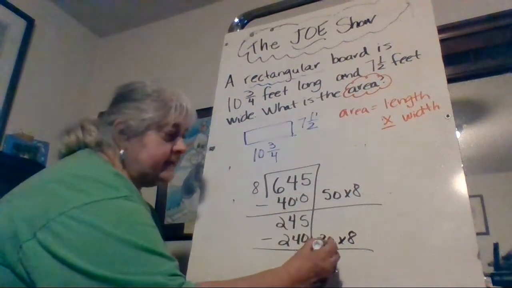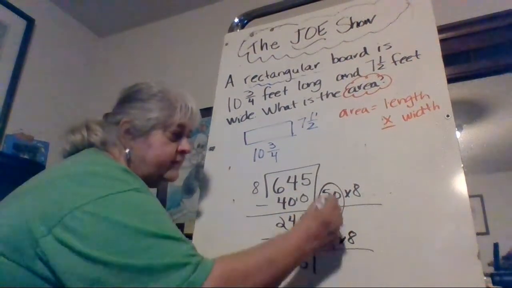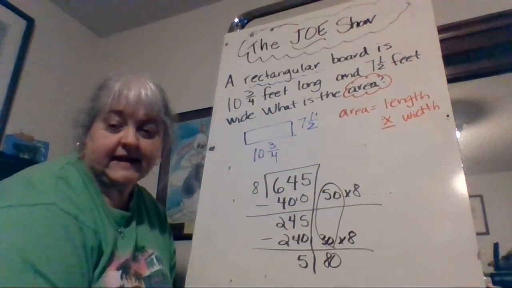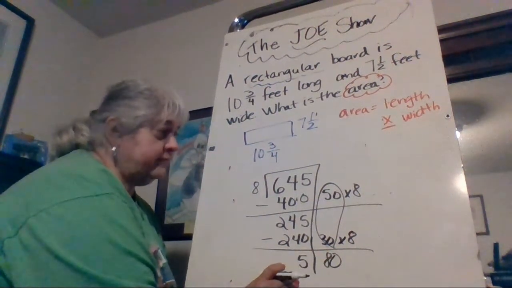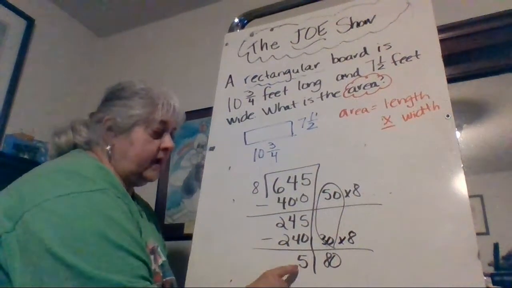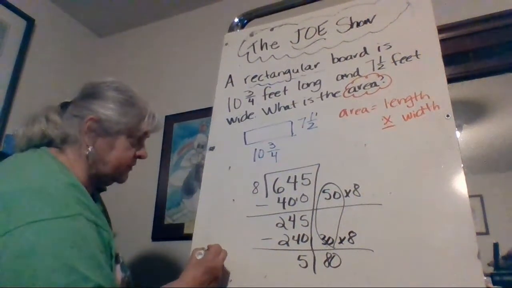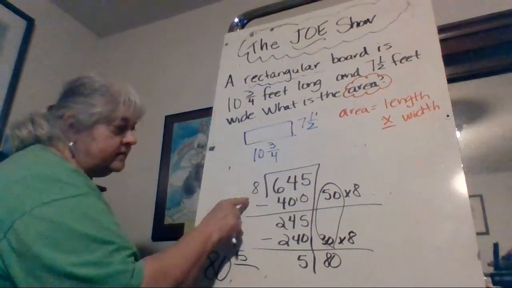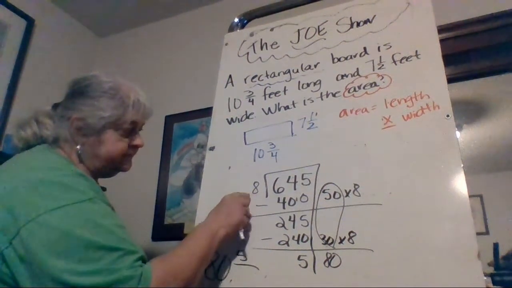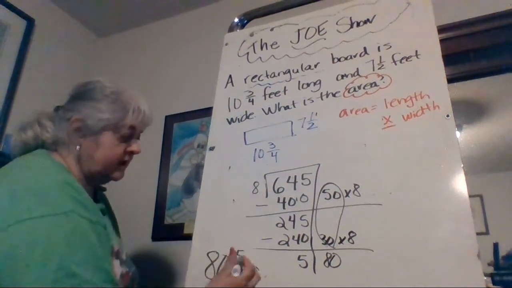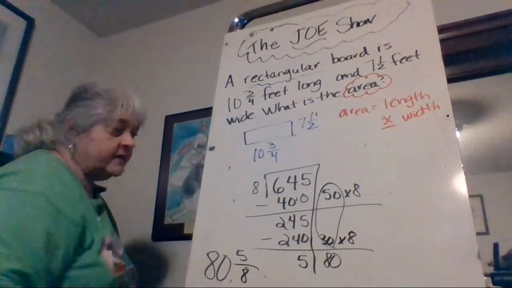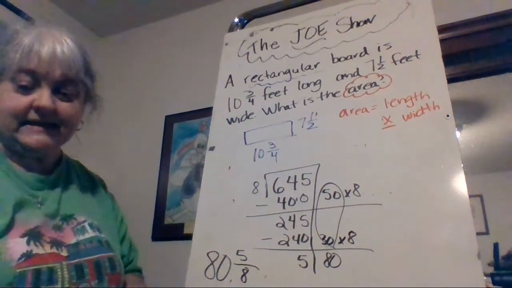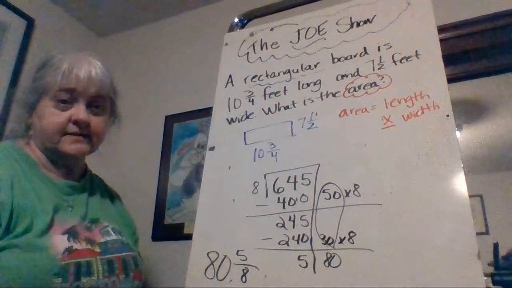So how many groups did I take out? 50 plus 30 is 80. So I have 80 with a remainder of 5. And the remainder is going to be the numerator. And the divisor is going to be the denominator. So my final answer to that problem is going to be 80 and 5/8.